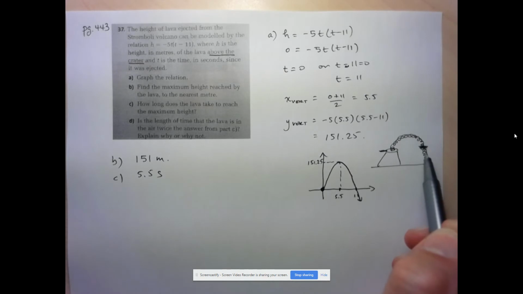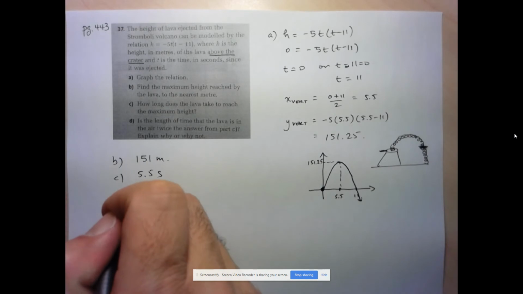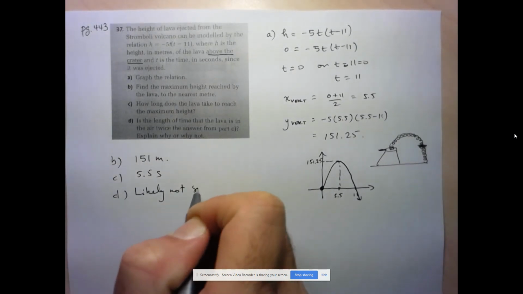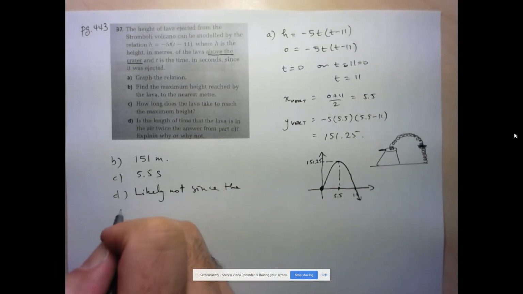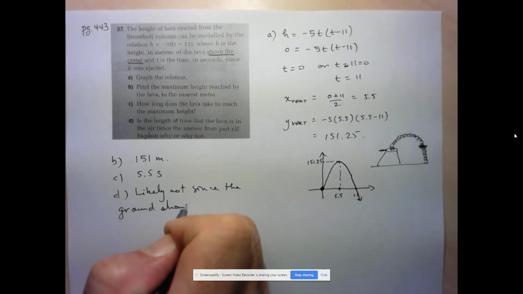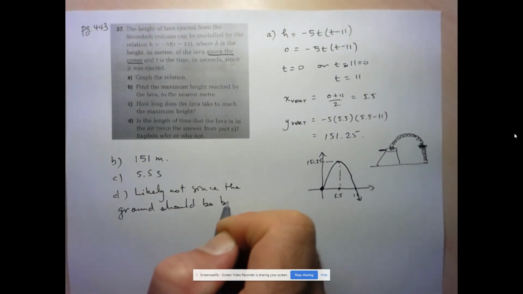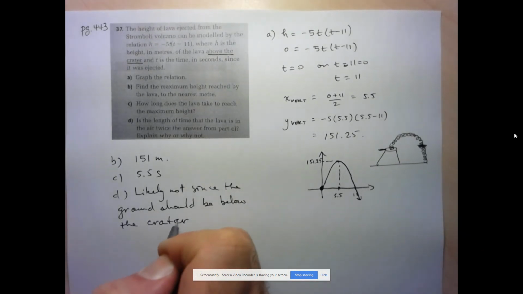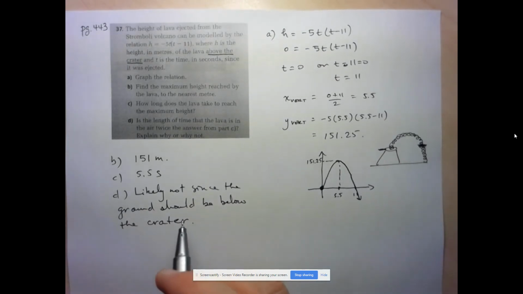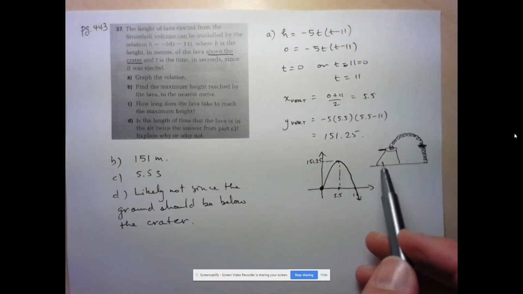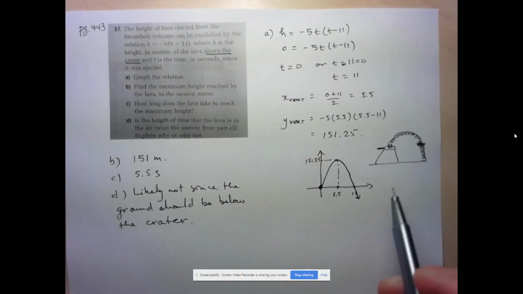But presumably it's going to keep going down until it reaches the ground. So in this case, I'm going to say likely not, since the ground should be below the crater. Now, this is not necessarily the case. Some volcanoes are actually right at the ground, but most of the time when we think about volcanoes, we think about mountains that have these openings, which the lava flows out of.